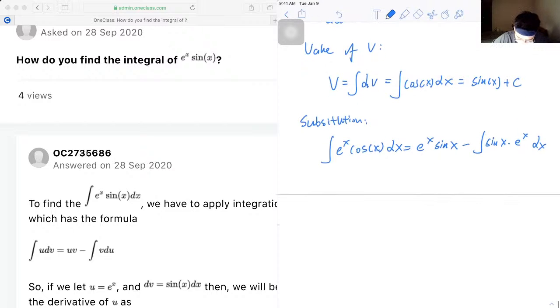And that will also be equal to e^x sine x minus integral e^x sine x dx.